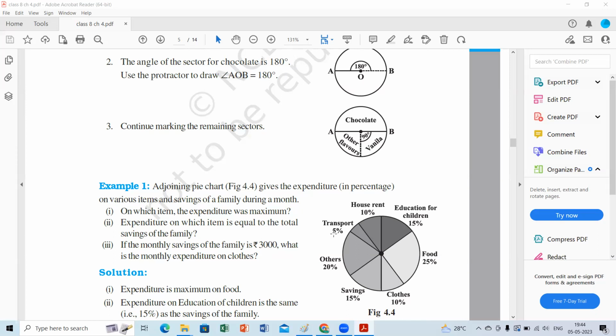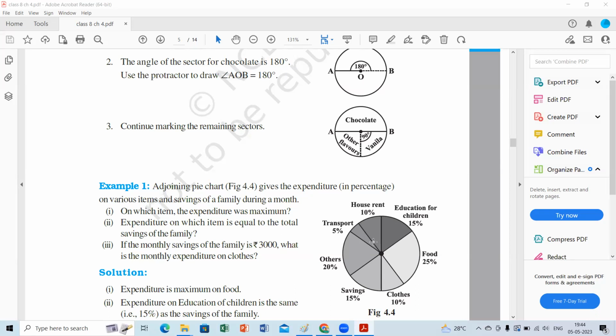No, because they did not mention anything. What is the adjoining figure? The expenditures in percentage were given during a month. On which item was expenditure maximum? I think food. This is only reading the graph, children.